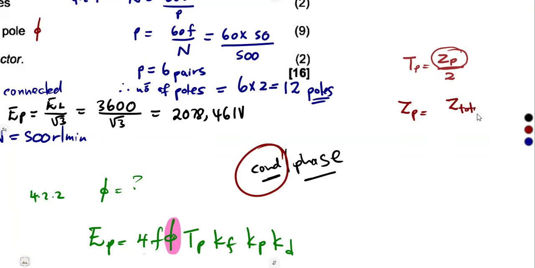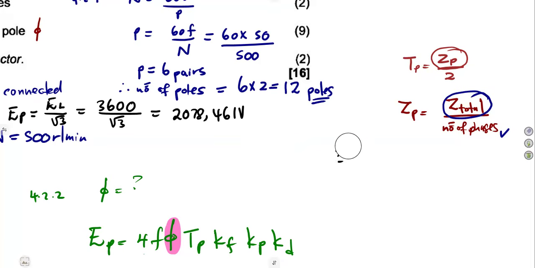We need total conductors over the number of phases. We have the number of phases, but we do not have this. Z total is not there. The total number is not given.